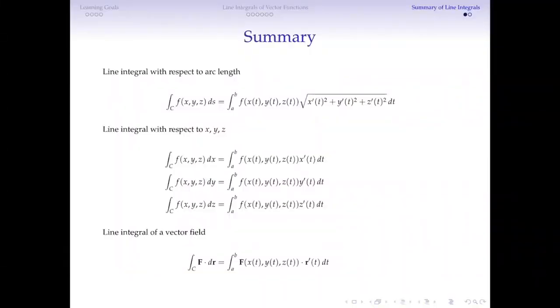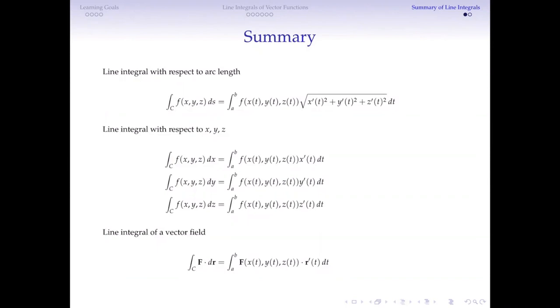Let's summarize the line integrals that we've seen. We talked about the line integral of a scalar function over a curve. Here I've given the version for space curves. Remember that you have to evaluate the function f along the path. ds is given by this expression, that's the arc length element. So we talked about the integral of a scalar function over a curve with respect to arc length.